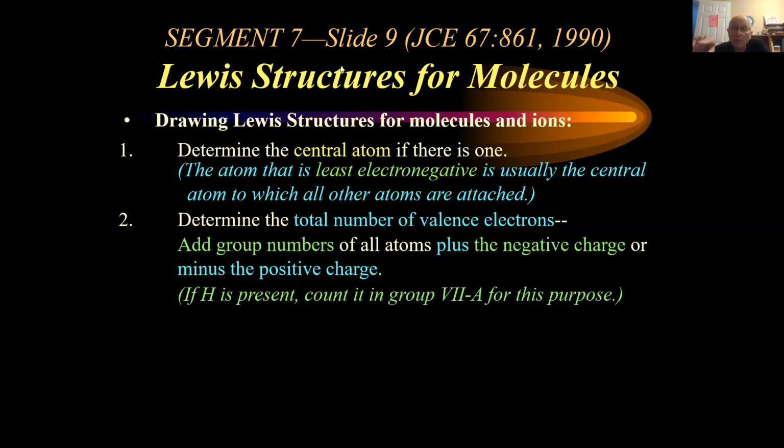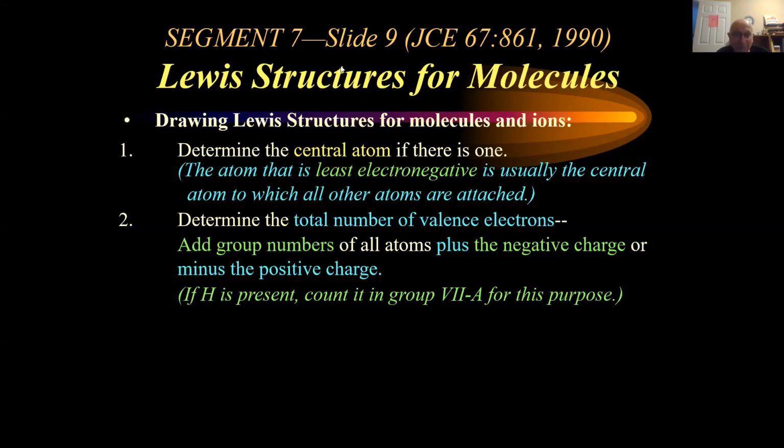So what we do to make hydrogen work, if you've got a hydrogen in the molecule, like formaldehyde, H2CO, the hydrogens are being counted as if they were in group 7 to do this octet rule trick. So if you want to, you can just pretend, for example, hydrogen is a fluorine.